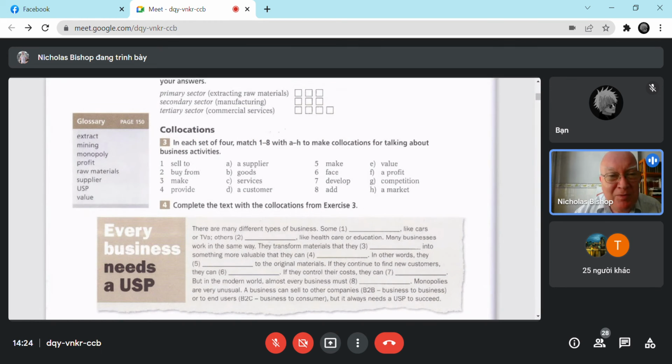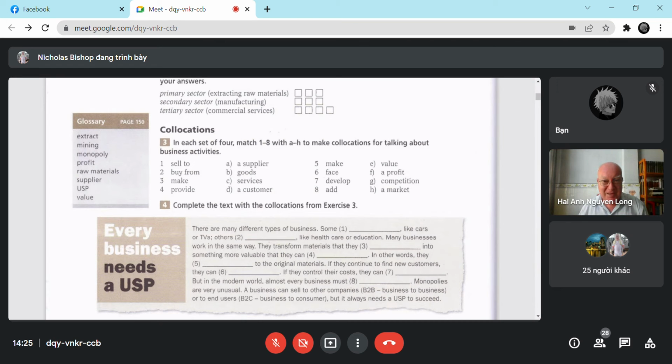If you are very good, you can probably do this. Let's try to match 1, 2, 3, 4 to A, B, C, D. Number 1 says sell to. Which letter is that? A, B, C, or D?